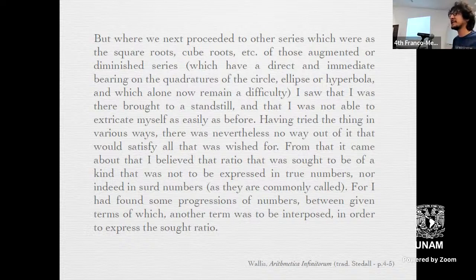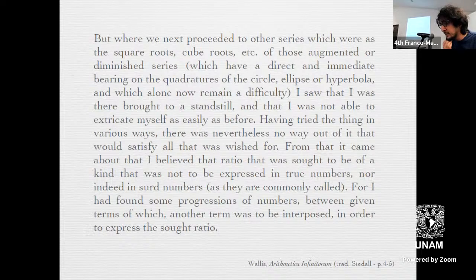People who read Wallis thought that he succeeded, but if you read Wallis in his preface, he tells that he didn't succeed, because what he wanted is to find a rational way to express it, and he had the intuition that it was not possible. So I read it. I read it because it's important.